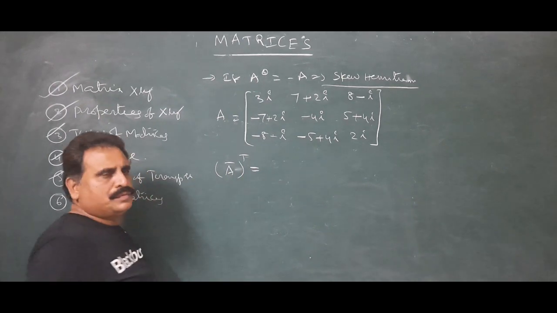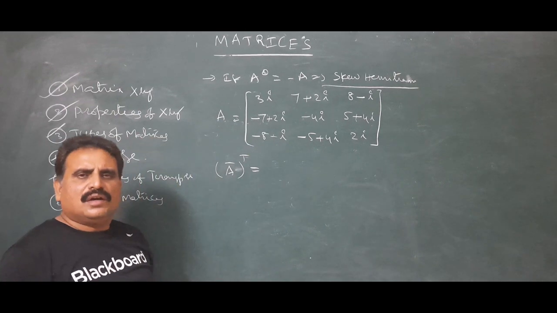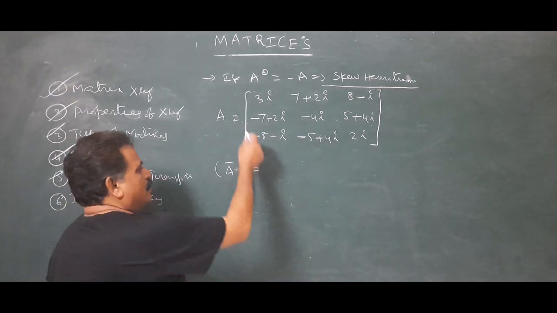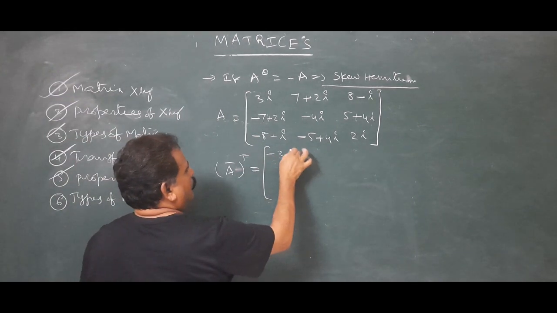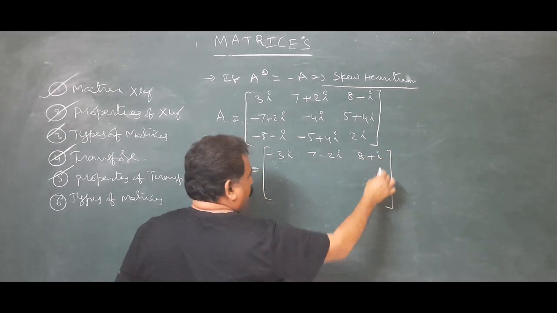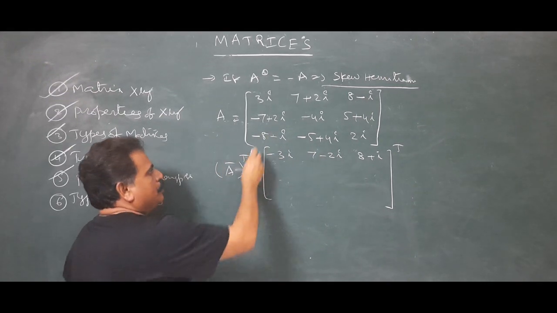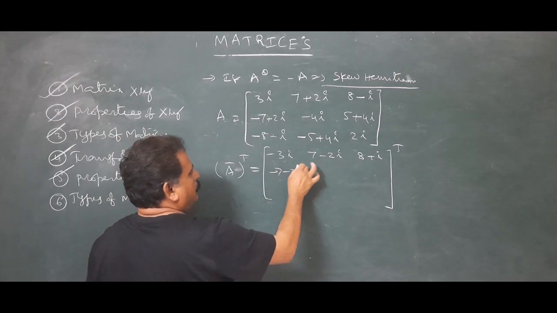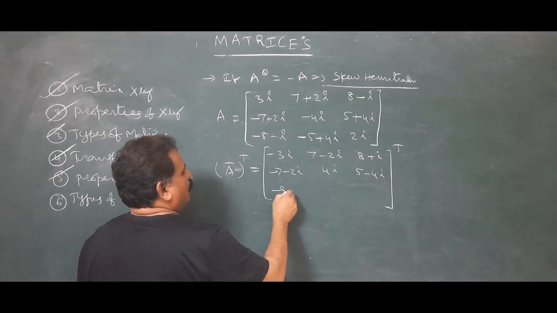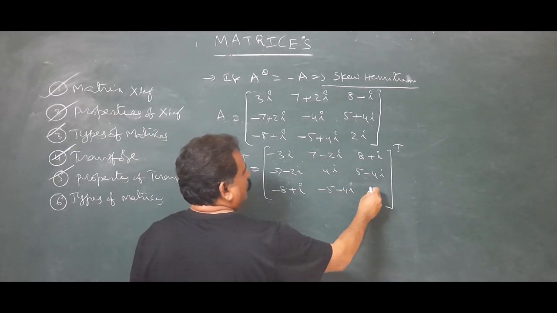A bar transpose. Conjugate of each and every element. Conjugate means just we have to write down minus i in place of i. That is minus 3i, 7 minus 2i, 8 plus i, conjugate. But transpose also there. Two operations, conjugate and transpose. Minus 7 minus 2i, 4i, 5 minus 4i, minus 8 plus i, minus 5 minus 4i, minus 2i.